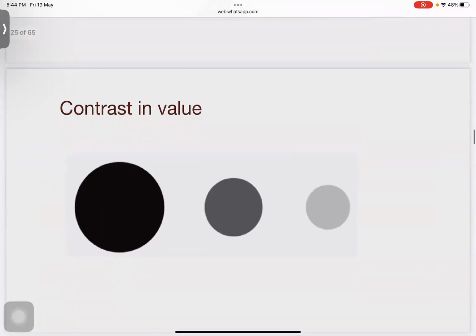So quickly tell me, what is value? Value is when impurities are added to any color, then it creates value. Let's not take it that way. Let's talk about value as increasing the tint or shade of a particular composition or object.